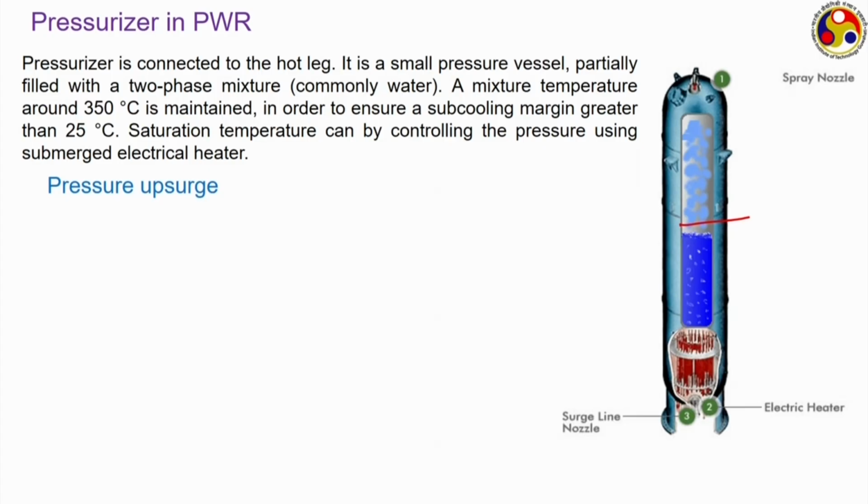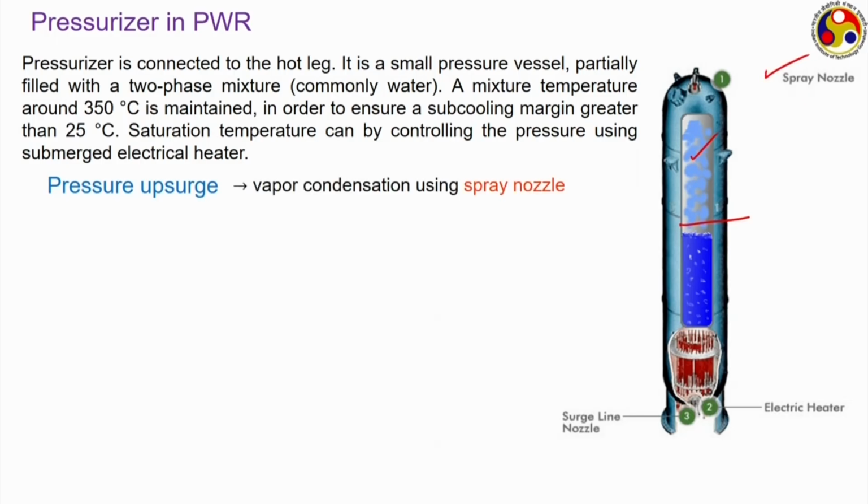Water, the liquid part, being incompressible in nature, will not have too much change in volume, rather the water level inside will rise a bit, and once the water level is rising, that will result in a reduction in the volume available to the vapor phase, which is here. So, the vapor phase will get compressed a bit, and whenever the vapor phase gets compressed, we have one spray nozzle mounted here.